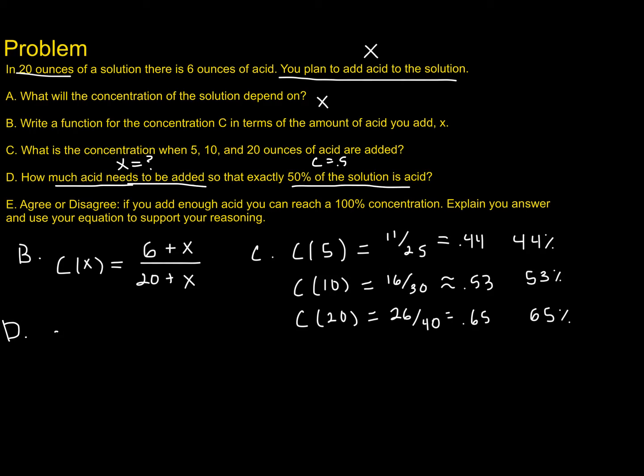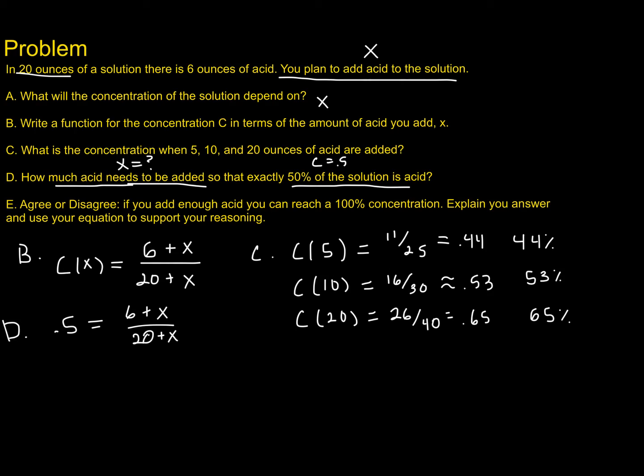So I have 0.5 is equal to (6 plus X) over (20 plus X). And this is easy enough to solve. I simply need to multiply on both sides by 20 plus X, and then I can solve for X.